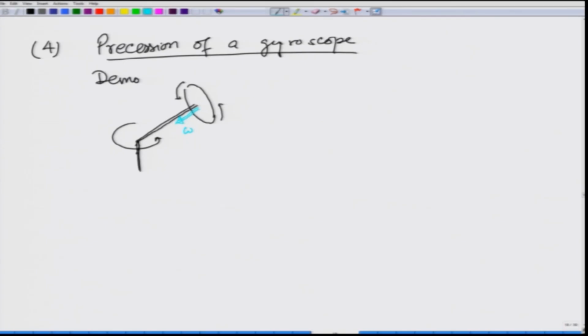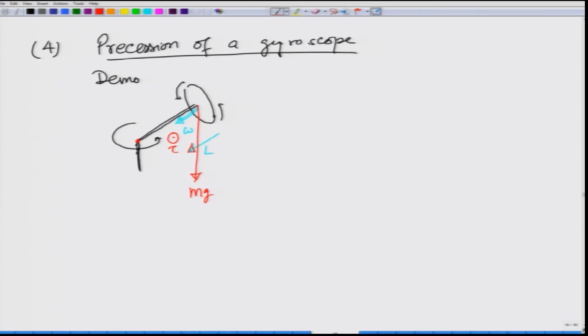Then it has an angular momentum L this way, and because there is a weight pulling it down, mg, if I sit at this point, this mg provides a torque. What kind of a torque is it providing? If you use the right hand rule, it provides a torque that is going in. And therefore, the L itself starts moving in that direction.